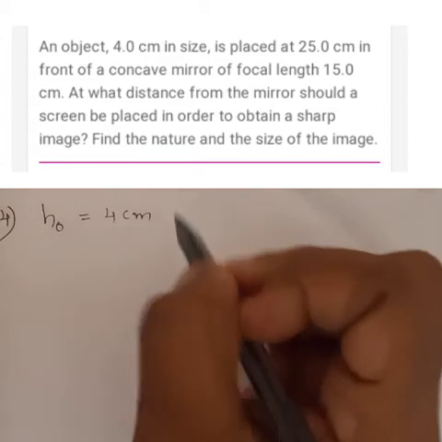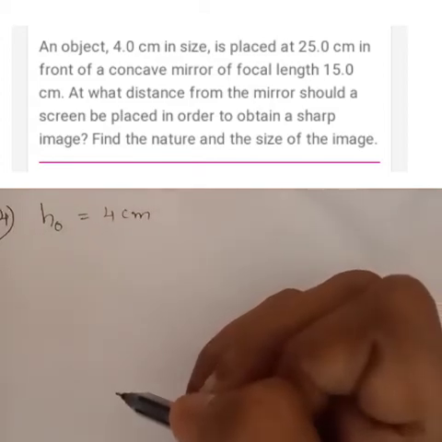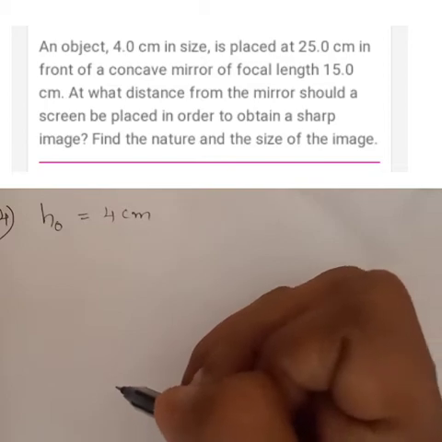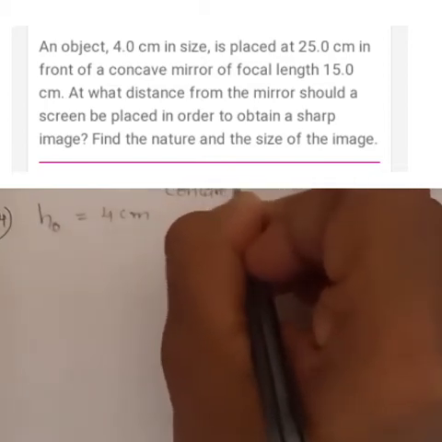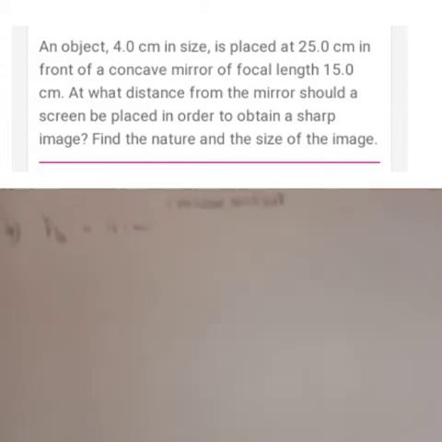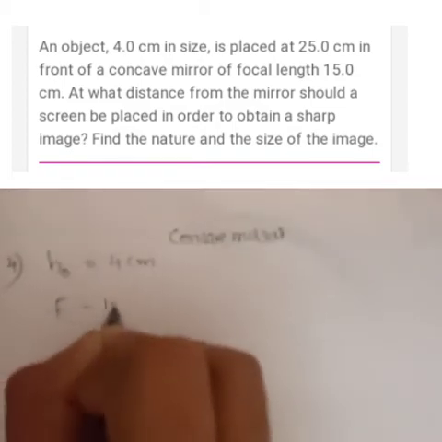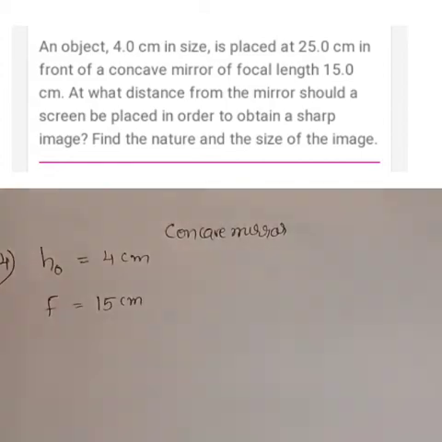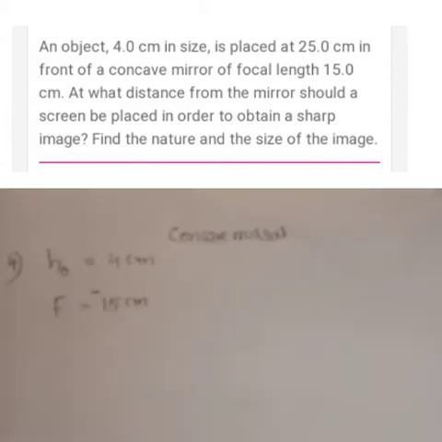Then it is placed at 25 cm in front of a concave mirror. So it is a concave mirror and its focal length is 15 cm. So f is equal to 15 cm. What is the sign of the focal length of a concave mirror? It is negative. So it is negative 15 cm.